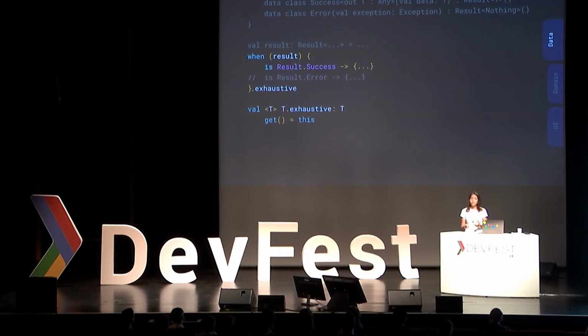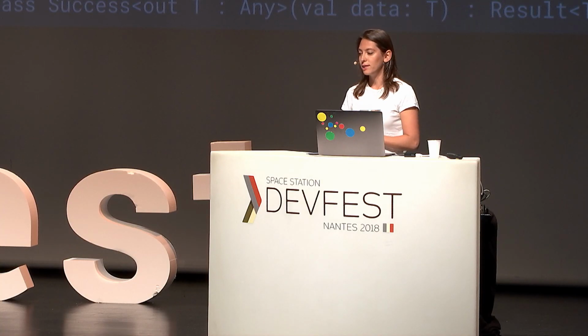But a when is only exhaustive when it's used as an expression. So we made the when exhaustive. More precisely, we just created an extension property on the object, and then we're using the when as a value. This is actually just a lightweight way to mean that we mean to match all the branches at all times.